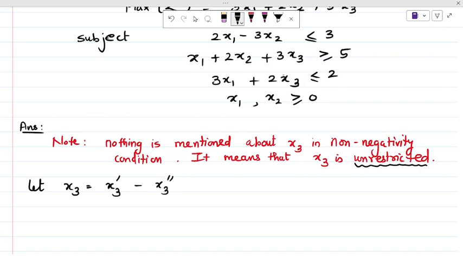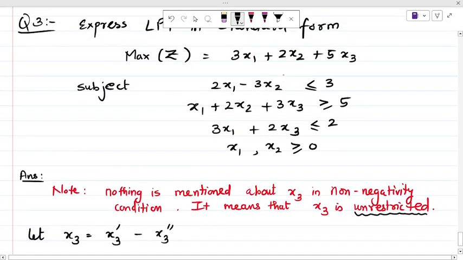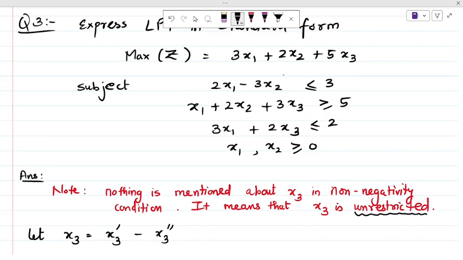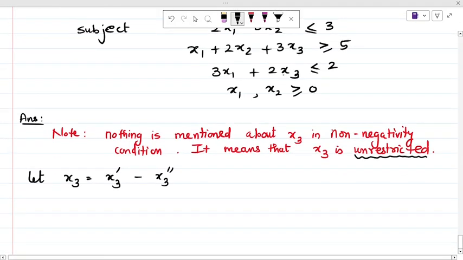Now see, because x3 is replaced here by x3 dash minus x3 double dash, our maximization question will change now. Because there were slack variables, that was okay, but now we have done a change in x3. So the main question, maximization of z, the objective function will have a change.